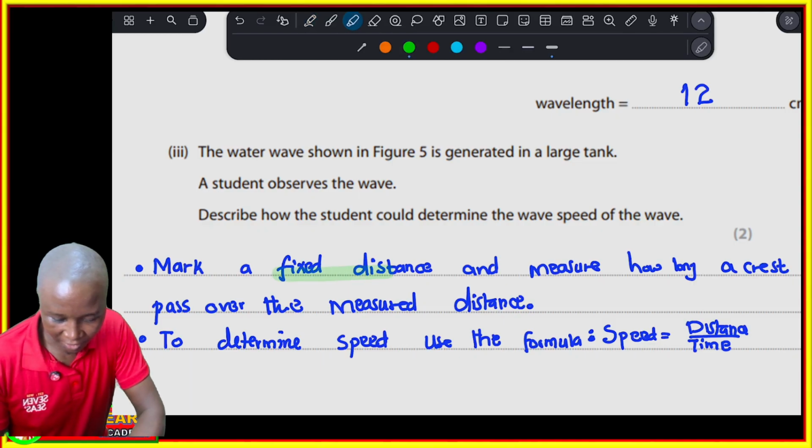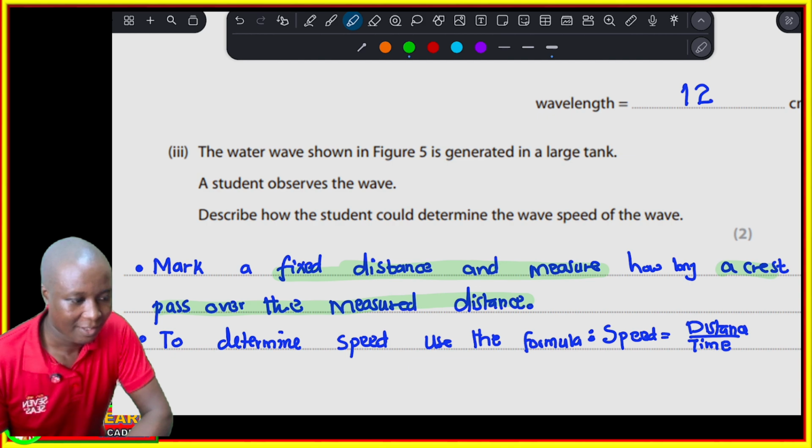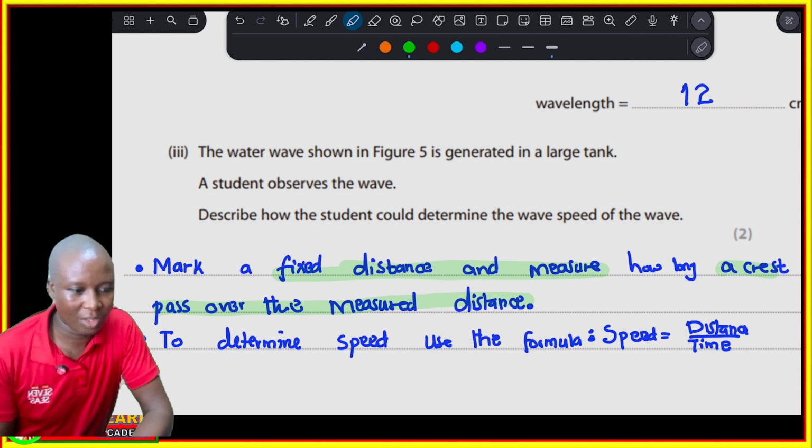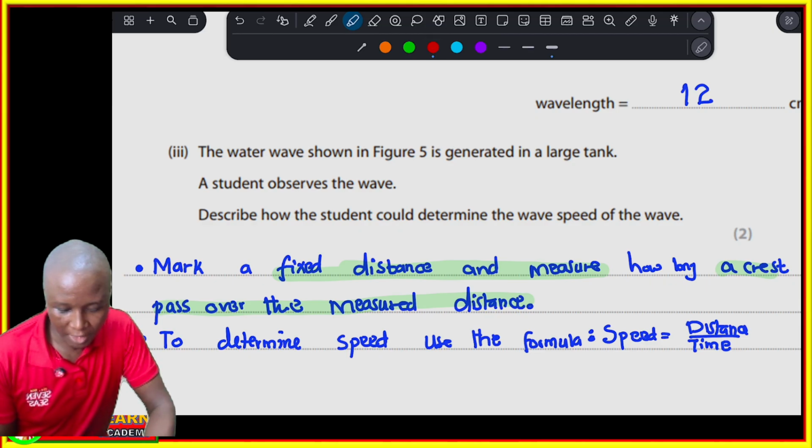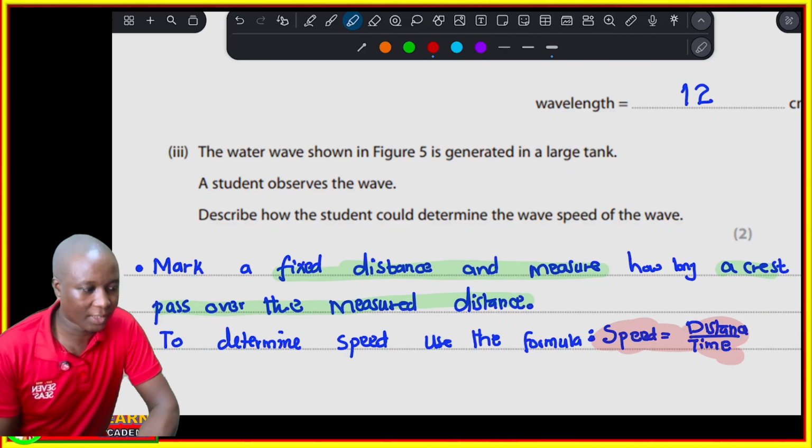Mark a fixed distance and measure how long a crest takes to pass over the measured distance. You are going to measure the time using a stopwatch. Then to determine the speed, you use the formula speed equals distance over time.